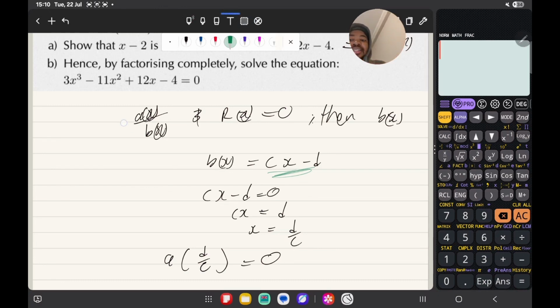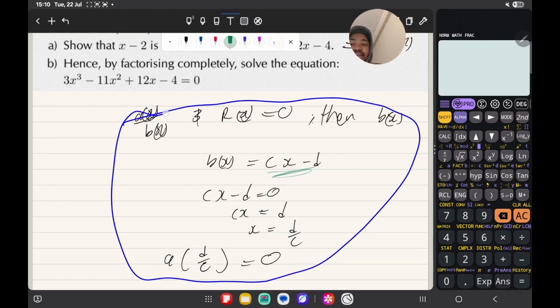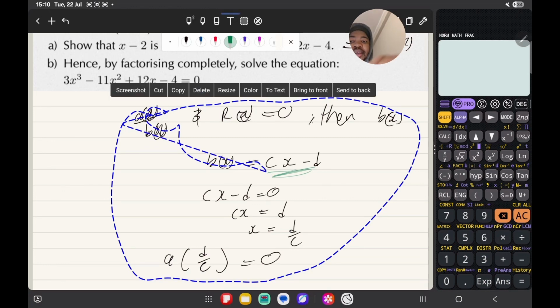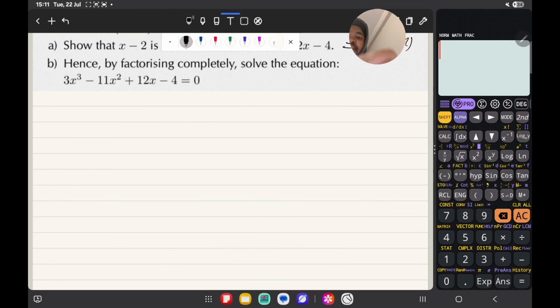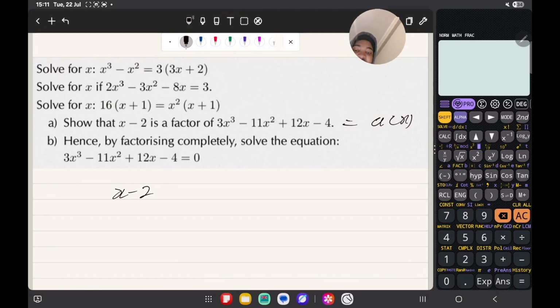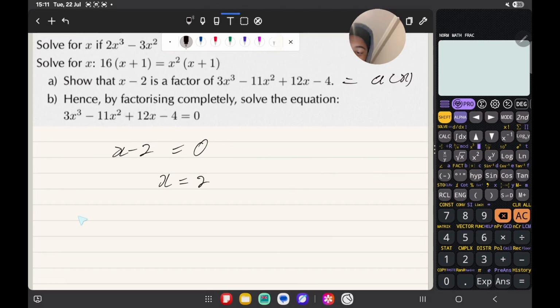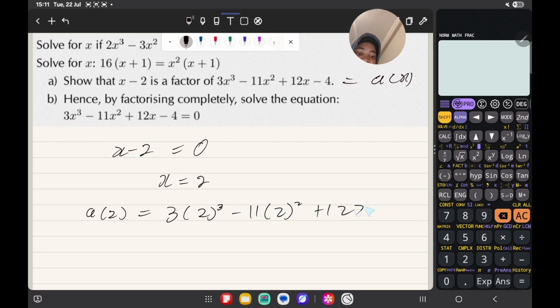So now these guys, they are asking us to prove or show that x minus 2 is a factor of this polynomial a of x. So what we do is we say that x minus 2 equals 0, x equals 2. Then a of 2 is going to be 3 times 2 cubed minus 11 times 2 squared plus 12 minus 4.